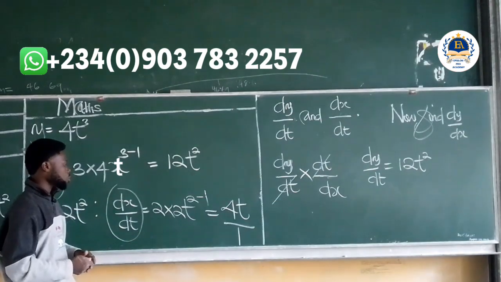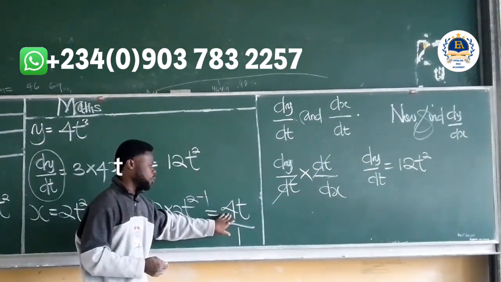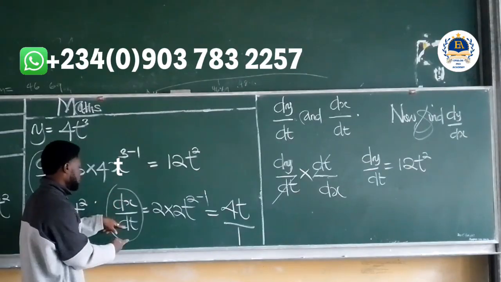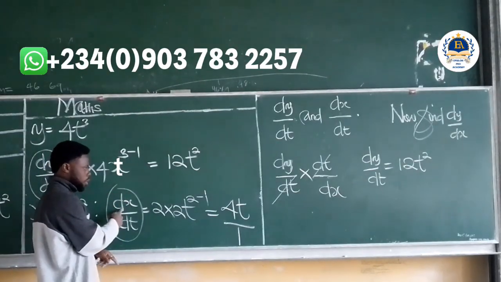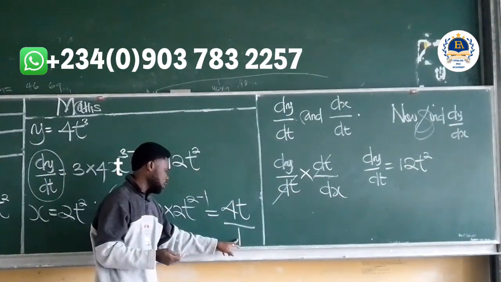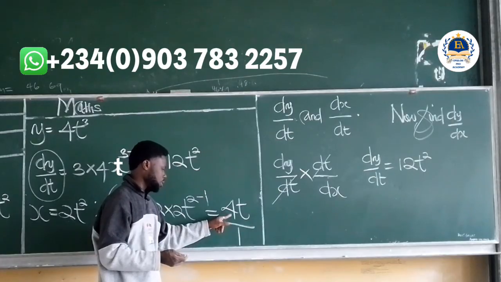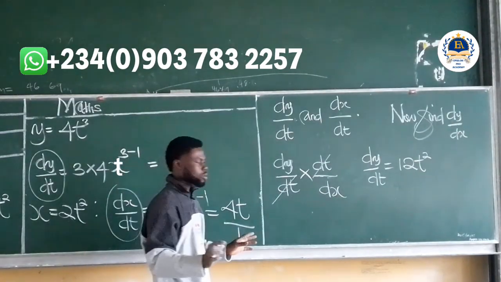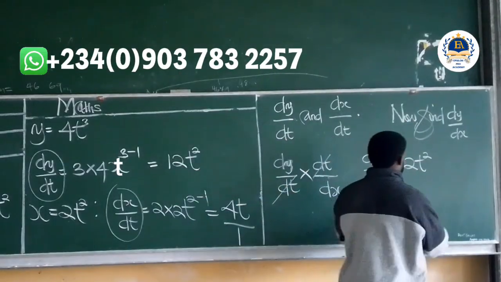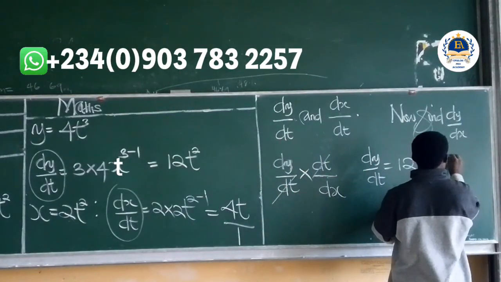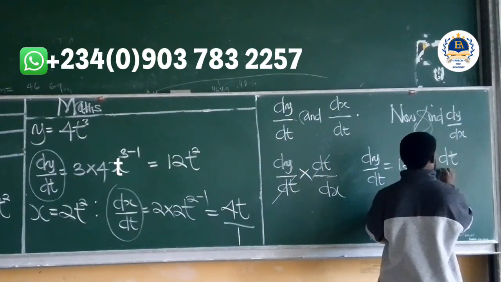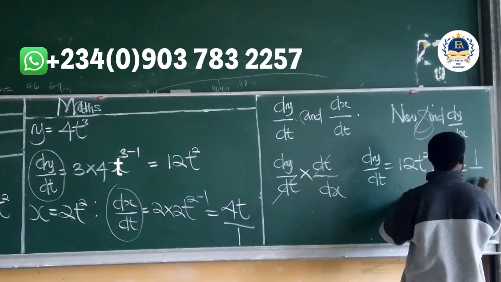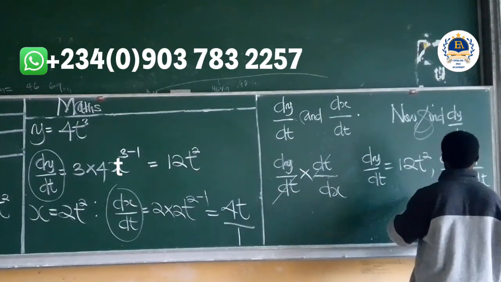That means we are also going to obtain the reciprocal of 4 on the board. So if you are bringing this down and this up, we must also bring this down, then this up. That is how it works. So dt over dx will equal 1 over 4.